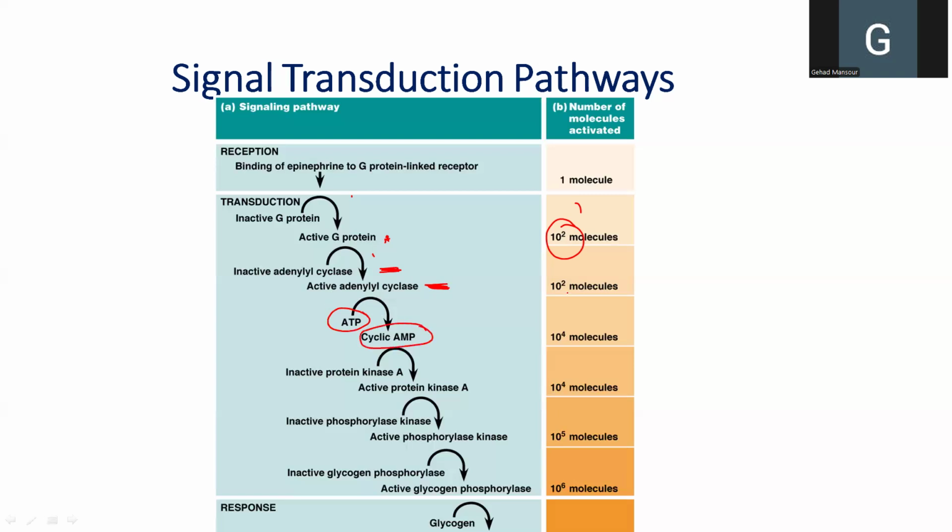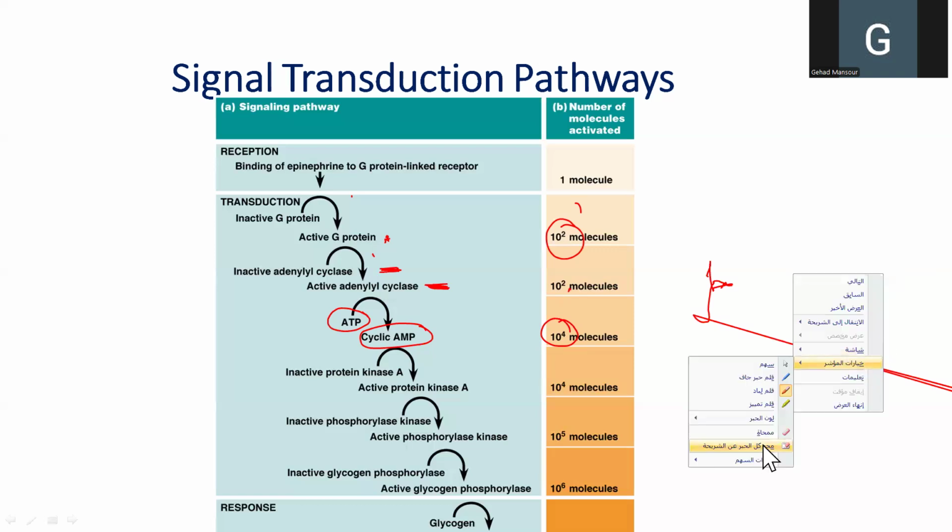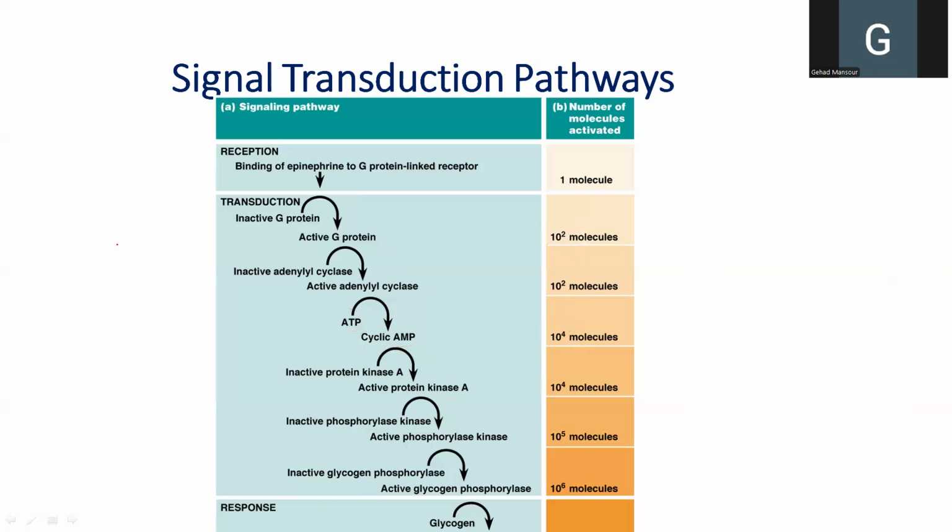But the 100 molecules of adenylate cyclase will not only convert 100 molecules of ATP, but 10,000 molecules, meaning that every molecule of the adenylate cyclase enzyme can convert 100 molecules of ATP into cyclic AMP.